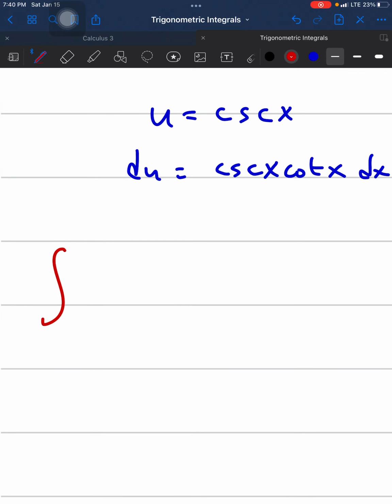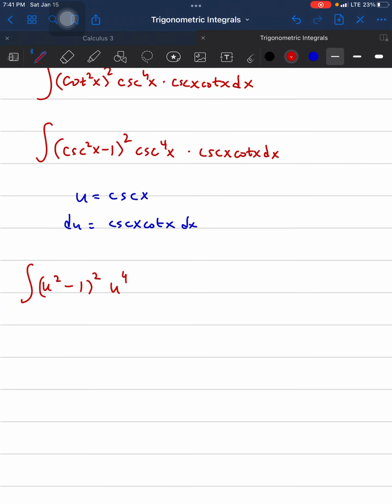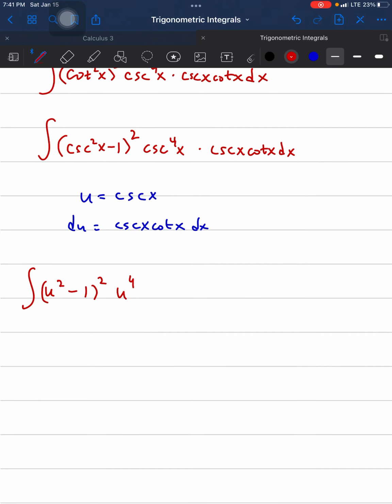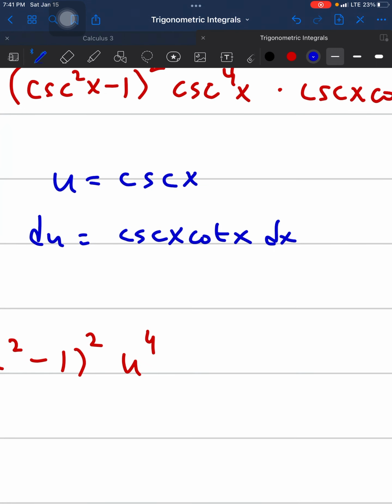It's going to be u squared minus 1 squared times u to the fourth. Oh wait, I think there should also be a negative sign here.